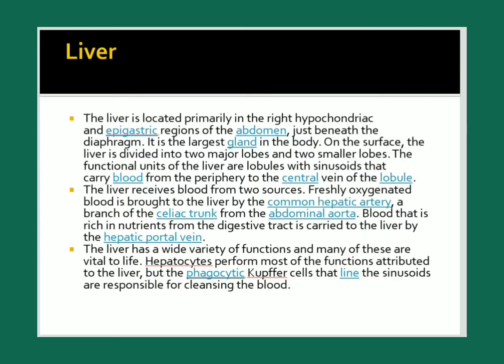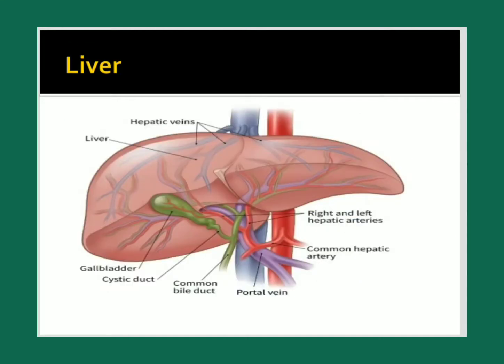The liver has a wide variety of functions, and many of these are important to life. Hepatocytes, nothing but the liver cells, perform most of the functions attributed to the liver. But the phagocytic action, that is the immune function against other organisms, is performed by the phagocytic Kupffer cells that line the sinusoids and are responsible for cleaning the blood. Here in the diagram you can see the right and left hepatic arteries and the common hepatic artery, and the portal vein also.